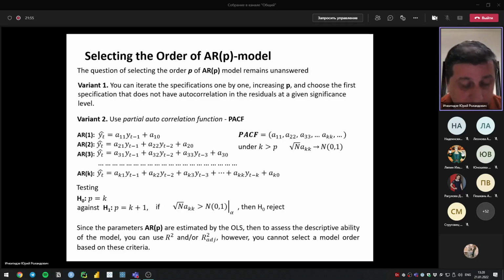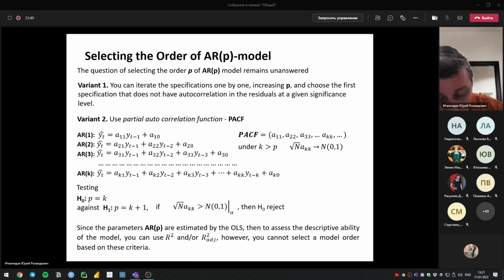It consists in the fact that to select the order of the autoregression model, you can use the partial autocorrelation function, PACF. This function is built as follows. The autoregression models are sorted one by one, the first, the second, the third. Here it is not necessary to sort out the 0. And these coefficients are estimated at the corresponding y(t-1).